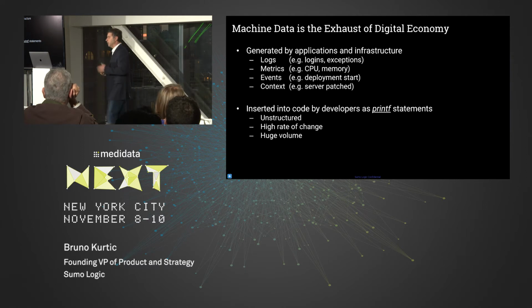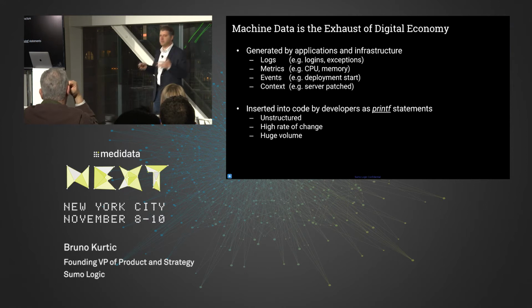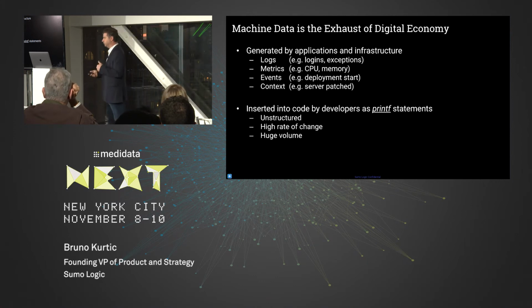Or it could be context, like, okay, we are monitoring security and somebody's trying to run a SQL injection attack on one of our nodes, one of our servers. Should we worry about it? Maybe that machine was patched. Knowing that information helps you make decisions downstream about what to do.